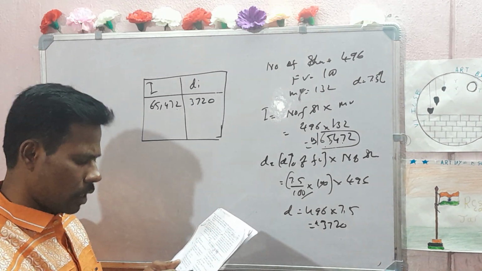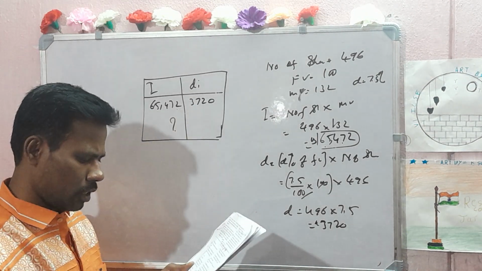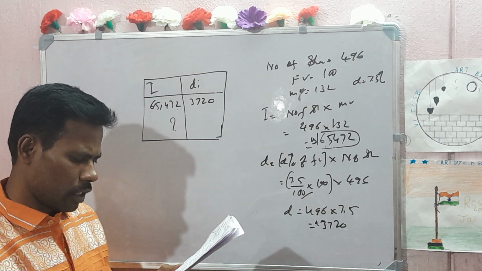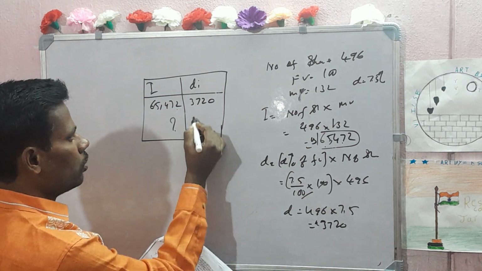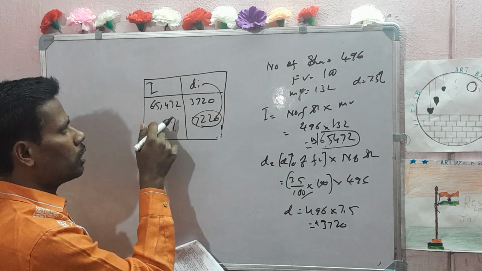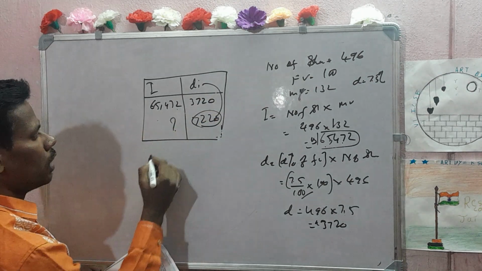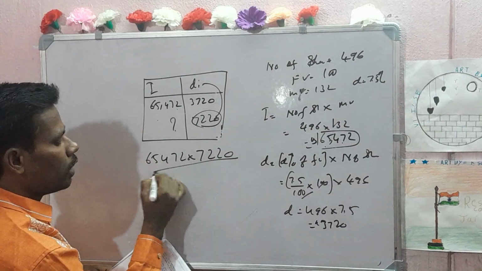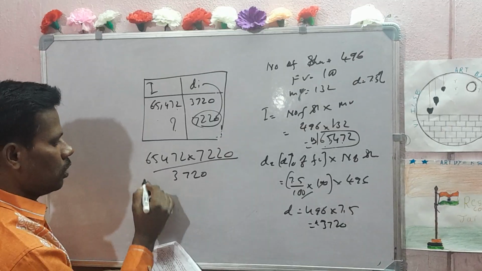Now what is it asking? How much extra must Aishwarya invest in order to increase the income to 7220? Now if the dividend is this much, obviously the investment will be more. So calculate 65472 into 7220 by 3720.